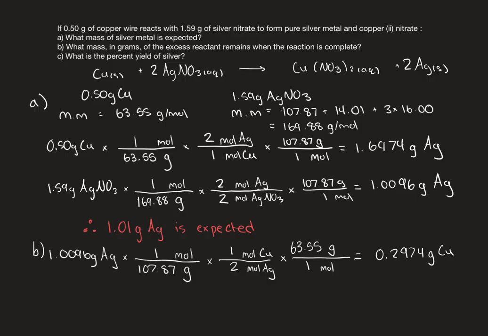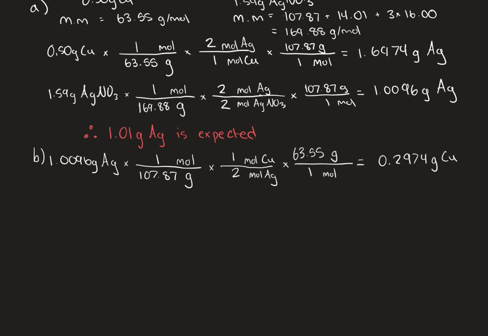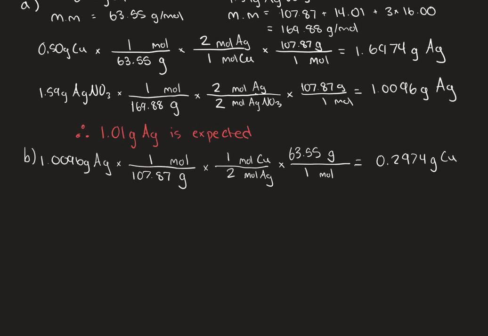Now our initial mass of copper was 0.50 grams, and only 0.2974 grams of copper are being used up. Give myself some more space. So we have initial mass of copper is equal to 0.50 grams.